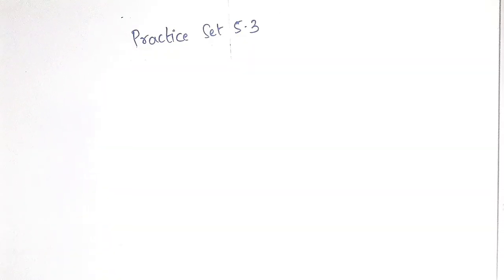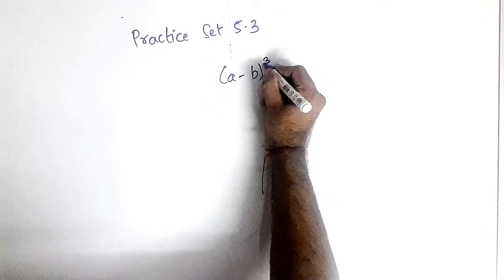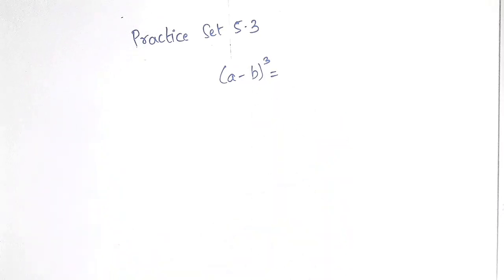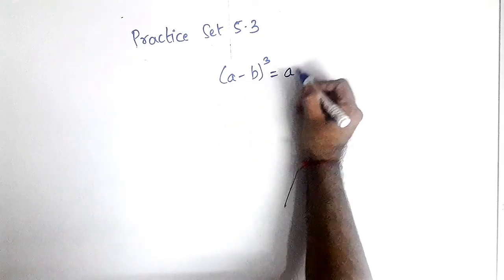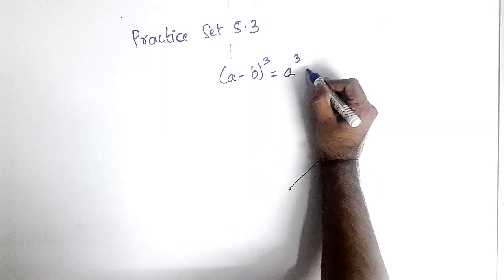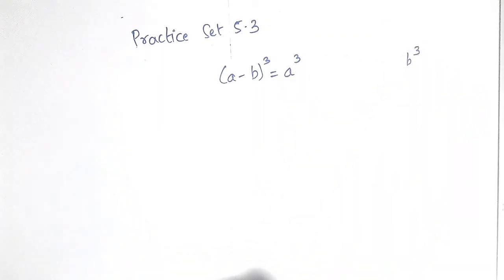We are starting with practice set 5.3, standard 8 mathematics, and to start with 5.3 we should be very well versed in this formula: a minus b the whole cube. In the previous exercise we did a plus b the whole cube, so here it is the same: a cube and b cube are the same.